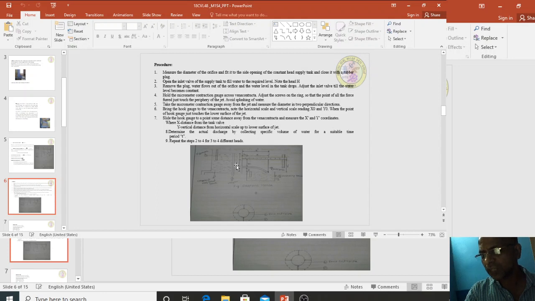Coming to the procedure part, first measure the diameter of the orifice. From that calculate the area of the orifice, pi d square by 4. Next, we have to do four trials by adjusting the inlet valve. One is opening the inlet valve to 25%. Calculate the time required to collect the water in the collecting tank through the orifice.